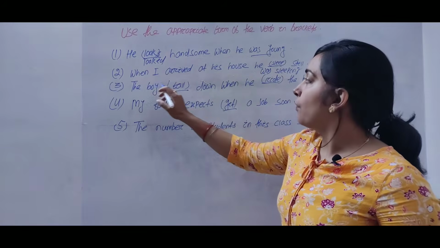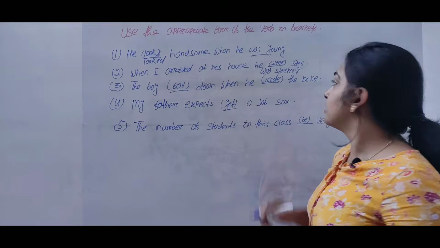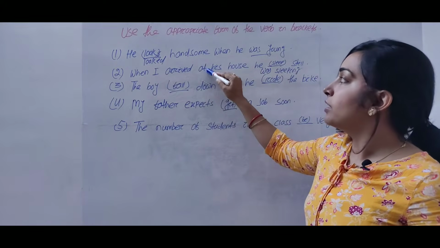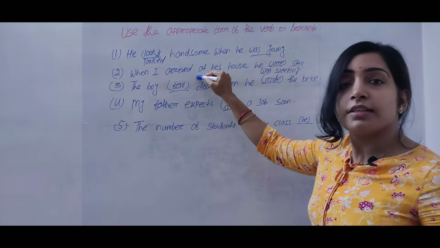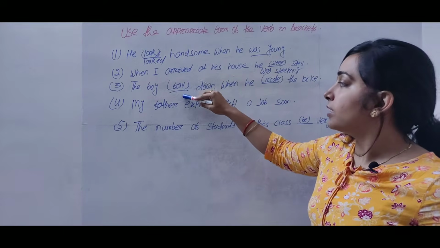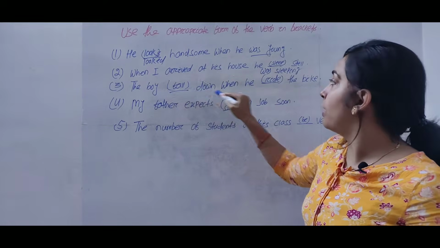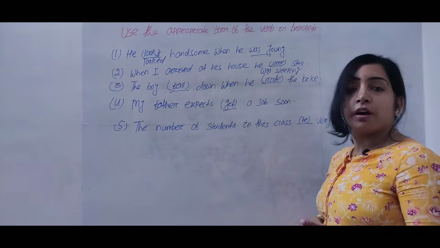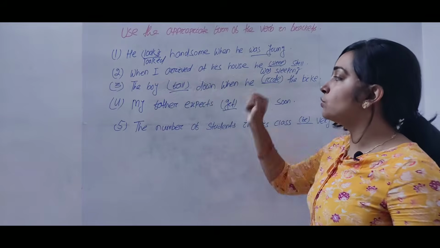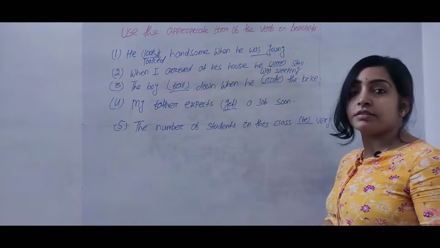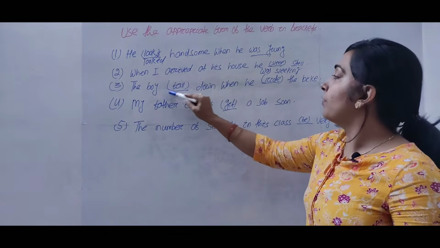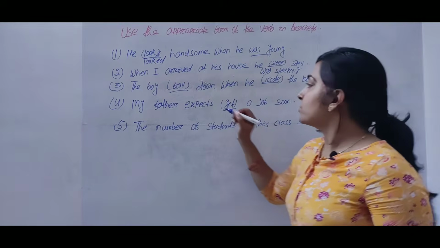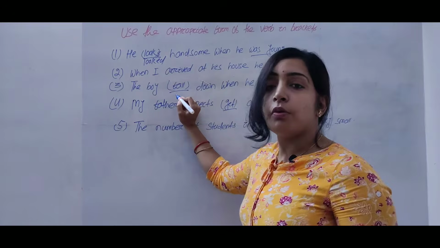Next, the boy fall down when he ride the bike. Here it is the same as the second sentence. There are two verbs and we have to find out which action he did first. The first action, the boy fall down, so first we have to tell the past form of fall.